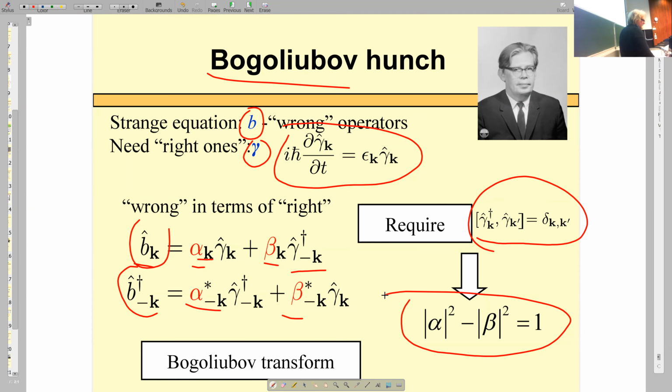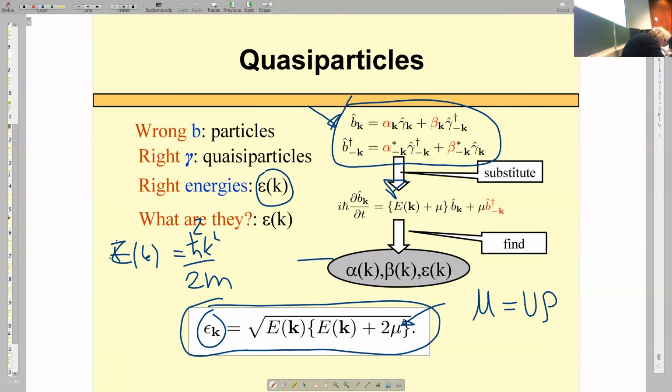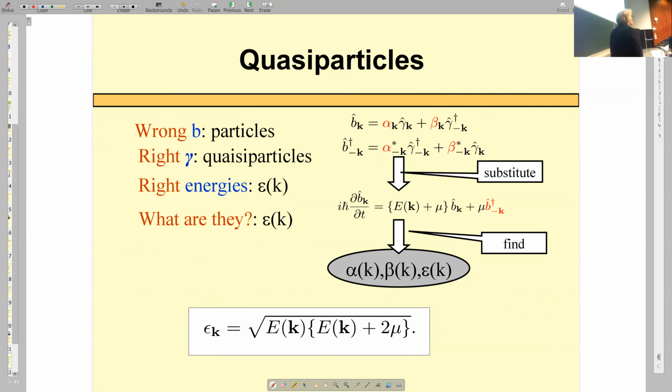Good, so again, the idea is to adjust this alpha and beta in such a way that the equations for gamma are right. Here we have, so just substitute alpha and beta into these equations and adjust them in such a way that the equations become right.